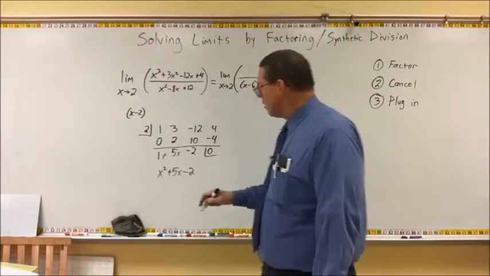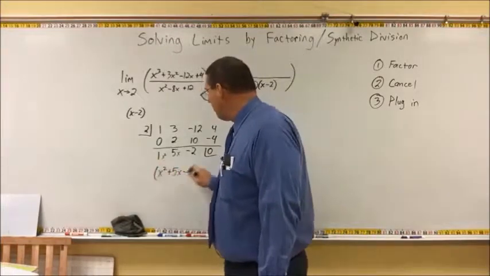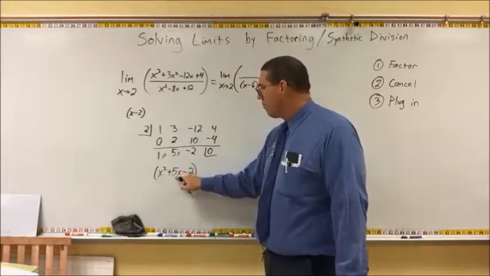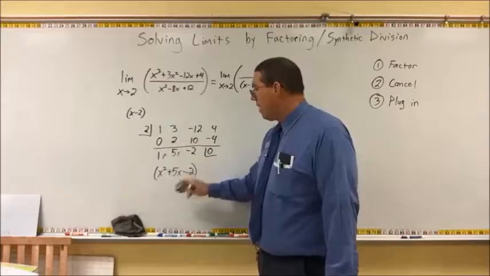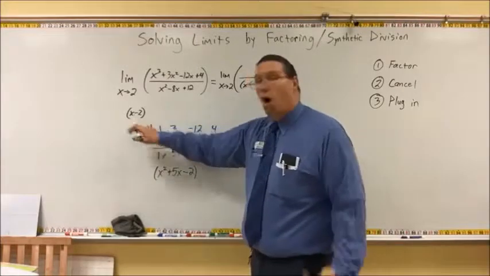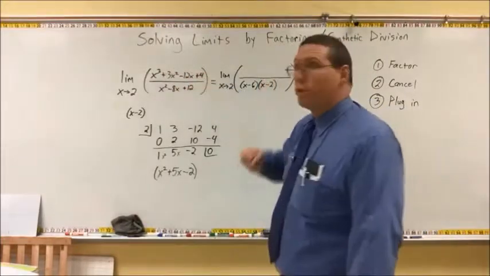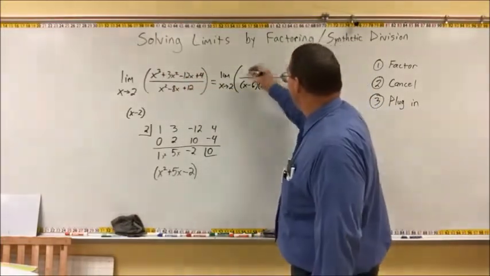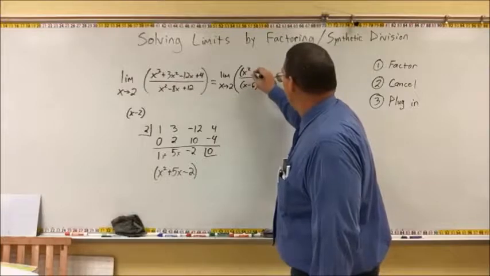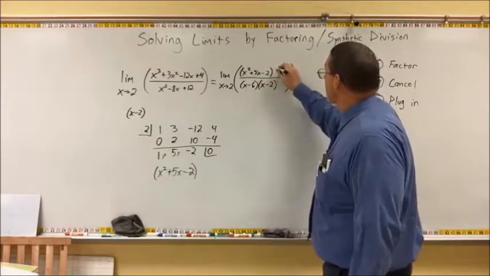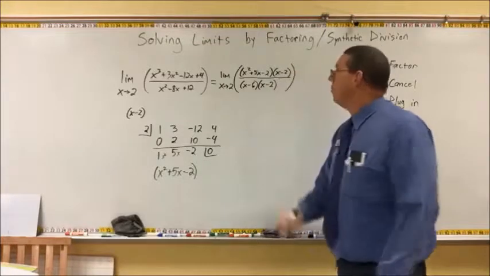And what that means is that when we divide out x minus 2, we get x squared plus 5x minus 2. And that means that this and this are factors. We have factored this larger polynomial into x squared plus 5x minus 2 times x minus 2.